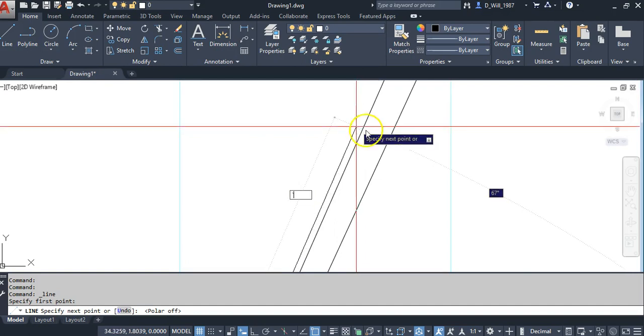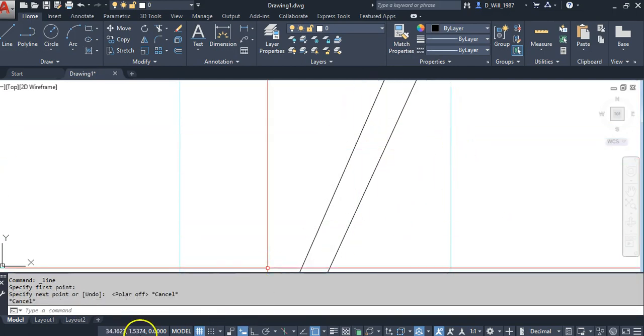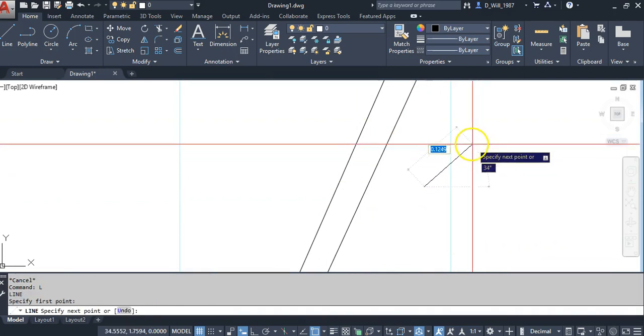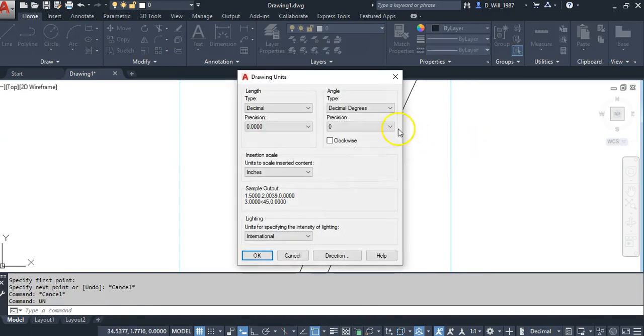So understand that your feedback on the screen, whether it's down here in the coordinate display or on the screen, if you're using dynamic input, which some people like, is dependent on the units you're set to. So when you're rounding to the nearest degree, don't imagine it's going to be precise, because it's not.